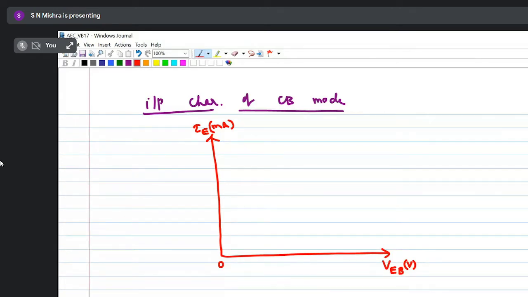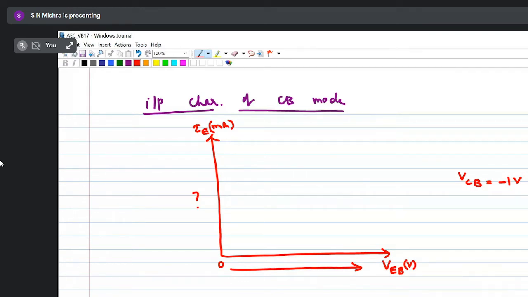Now, at that instant, let us assume VCB is minus 1 volt. Okay, first I want to plot for VCB minus 1 volt. Then I'll start increasing VEB from 0 to higher voltage. Then I'll observe what is my IE. Then I will plot the graph.